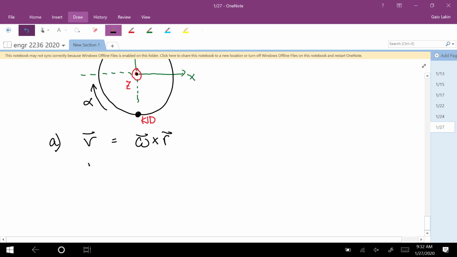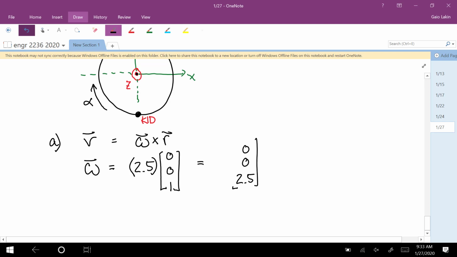So the angular velocity is 2.5 radians per second times the unit vector in that direction, which is 0, 0, 1. And so the angular velocity is 0, 0, 2.5 in radians per second.